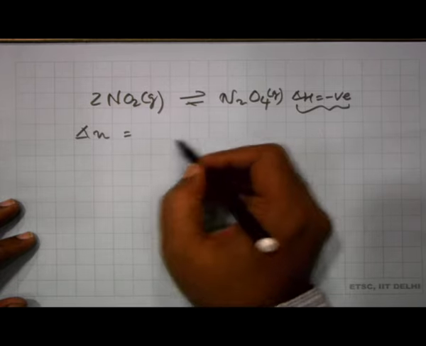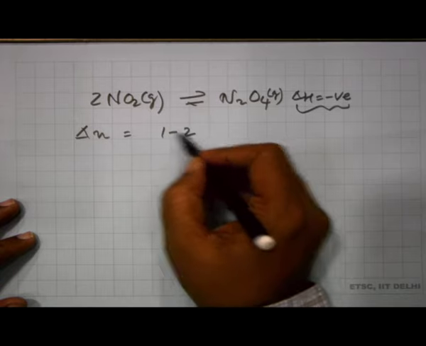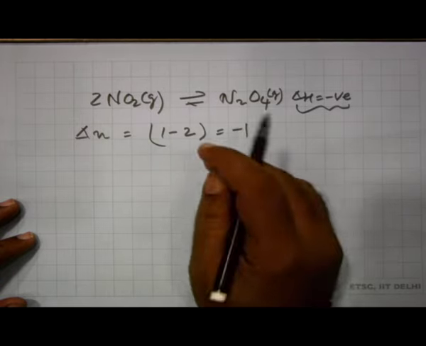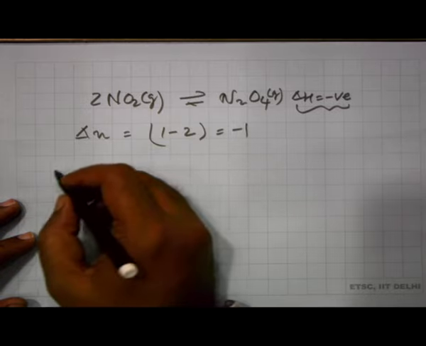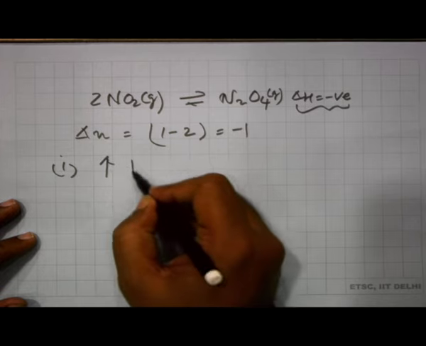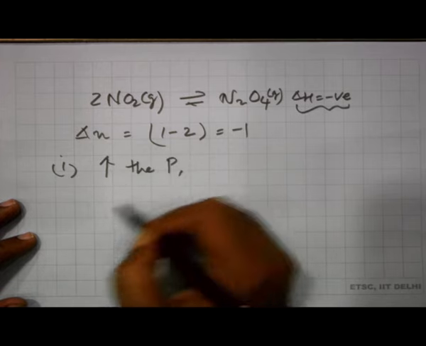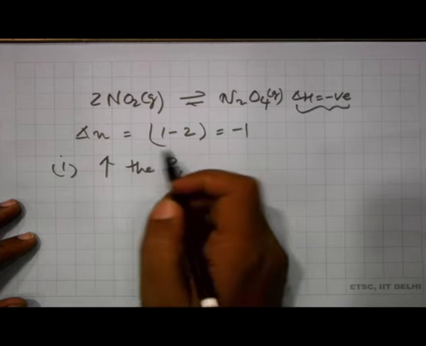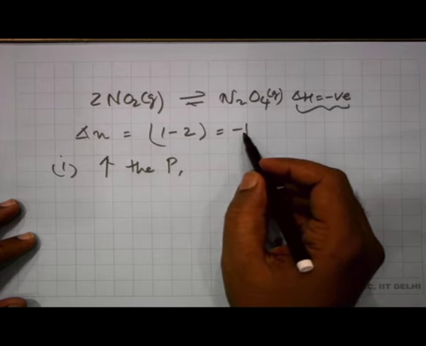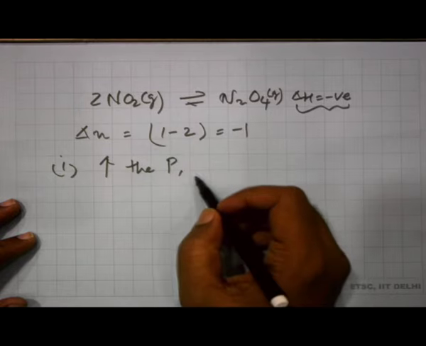Delta n is 1 minus 2, which is minus 1. It means pressure and volume will affect. If I increase the pressure, first thing, increase the pressure, what will happen? You see this is the minus 1. Okay? So, forward reaction will be favored.